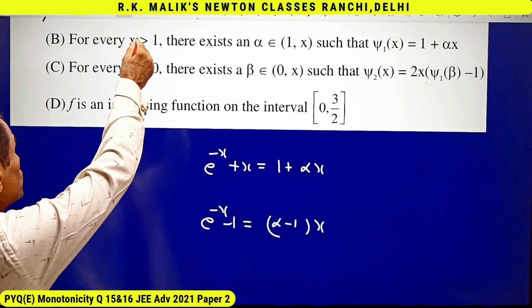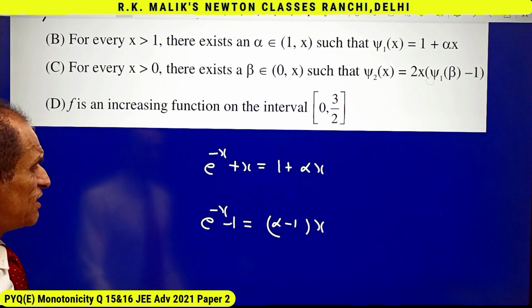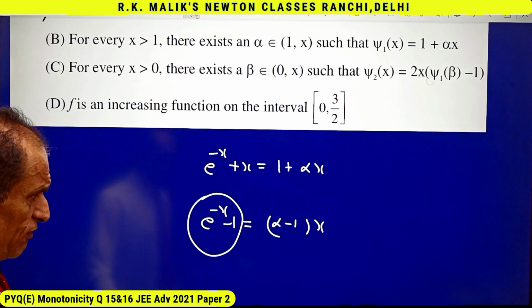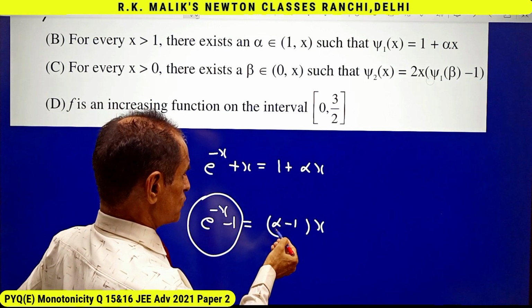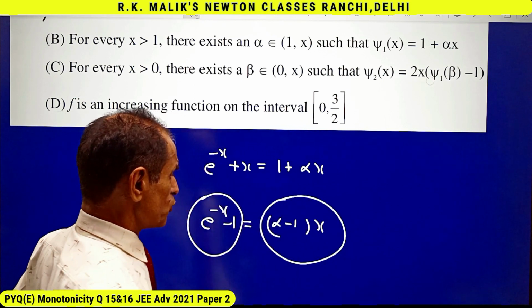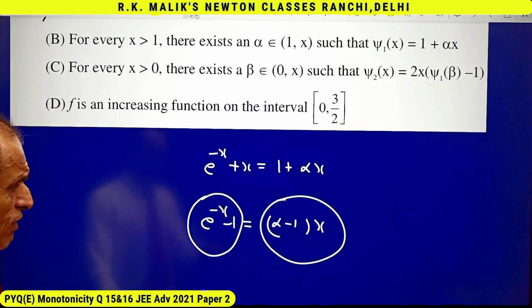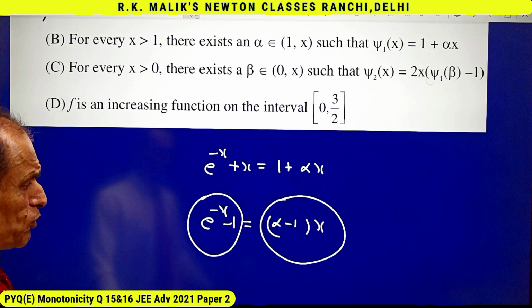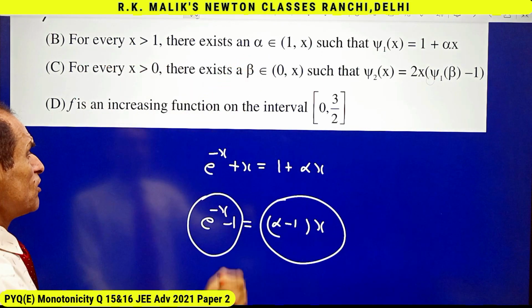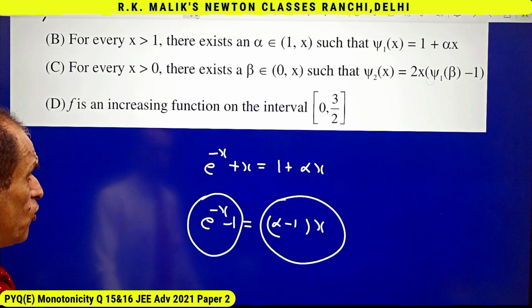And because in the question it is given that x is greater than 1, hence the value of this is sure to be negative. And because alpha is more than 1, hence the value of this is sure to be positive. Hence equality is never possible. Hence the given statement of choice B is wrong.